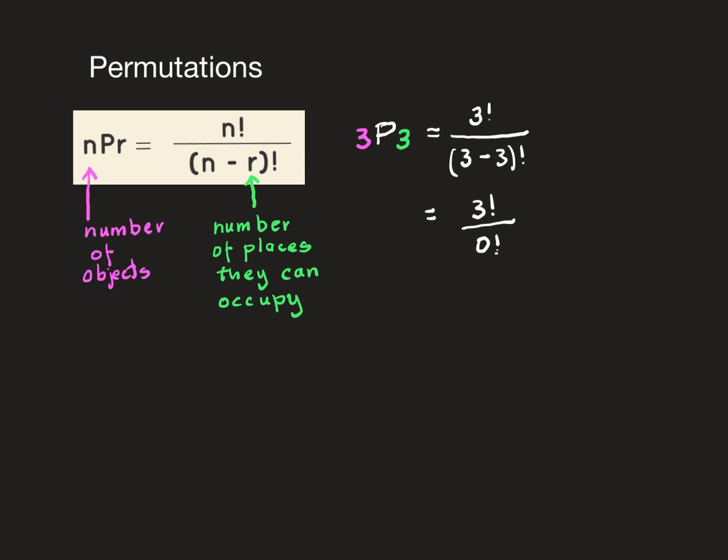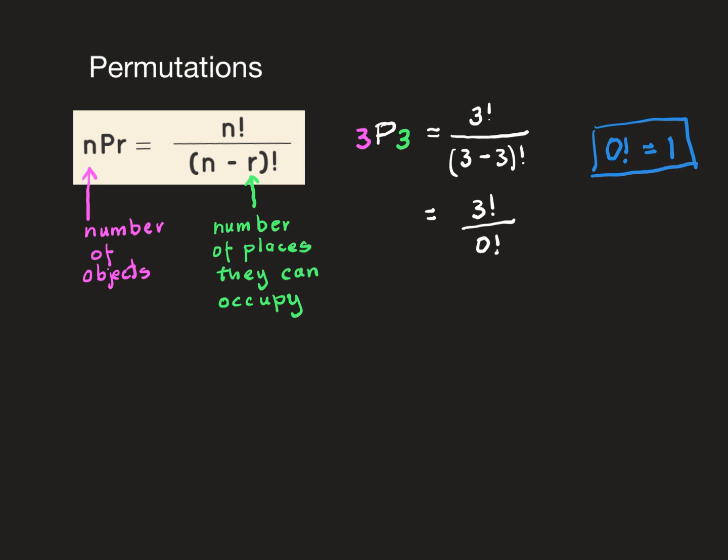Now, at this point, you're going to think, whoa, we cannot have a 0 in the denominator. Well, a factorial 0 is actually 1. So we will define 0 factorial as being equal to 1. That is the definition.